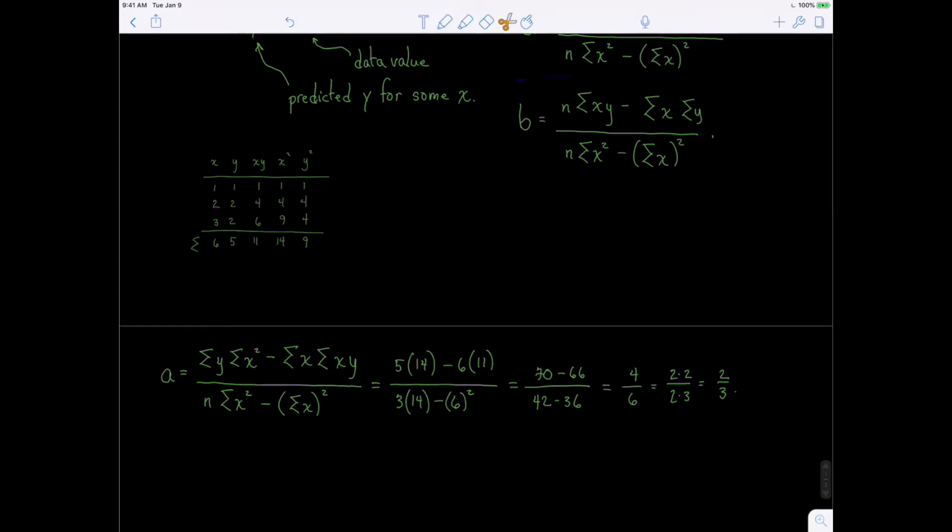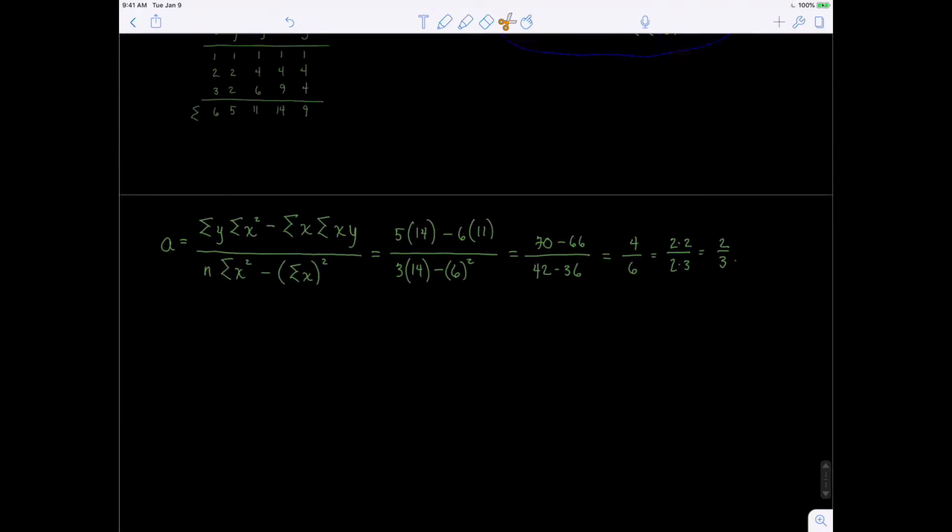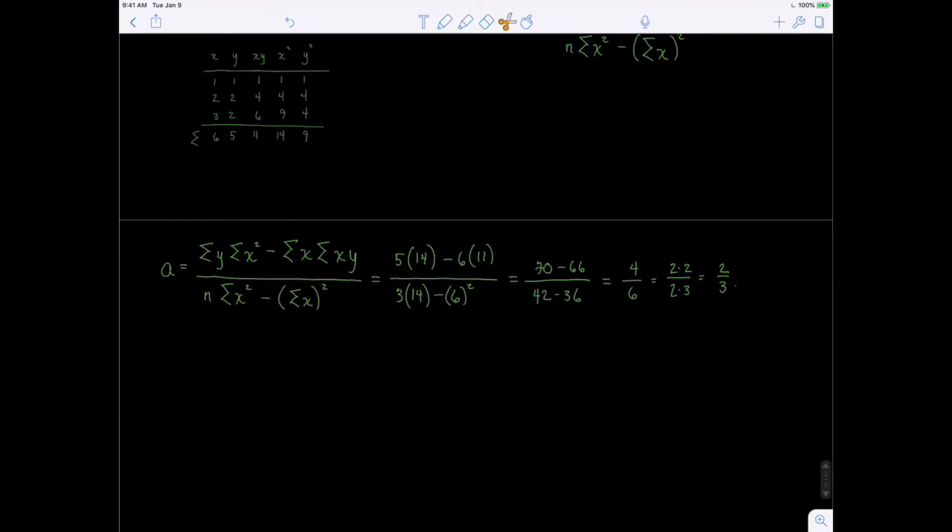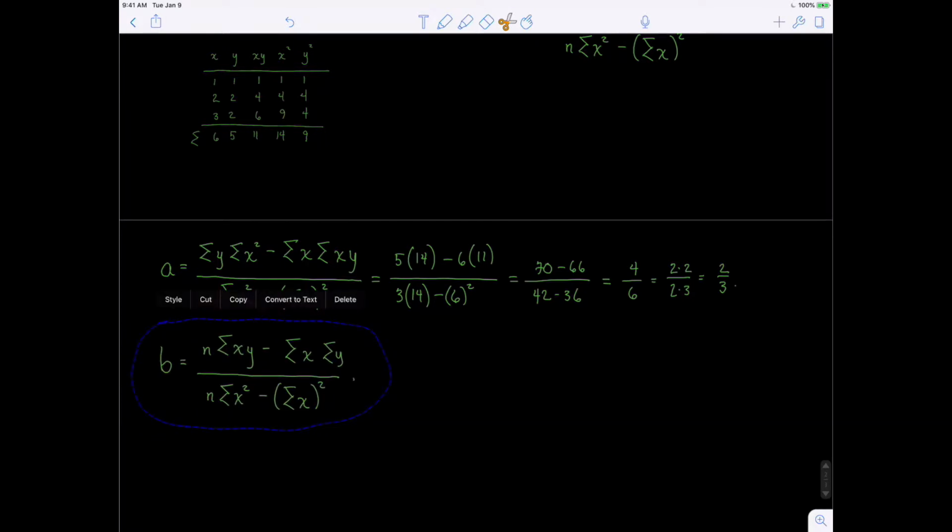Let's bring B down, and we'll do the same thing for B. So I'm going to copy B, and put it right here. We need to be able to see our table. So paste. Here we go. n, again, is 3.